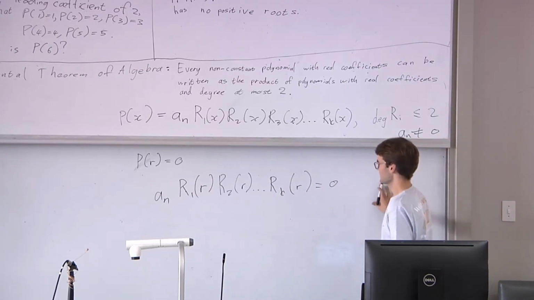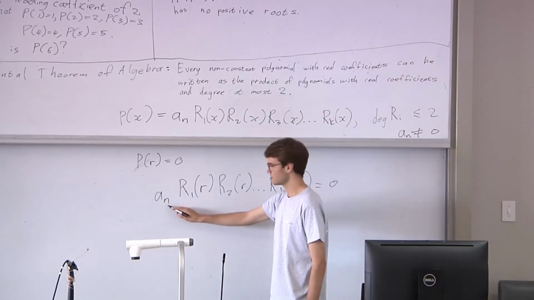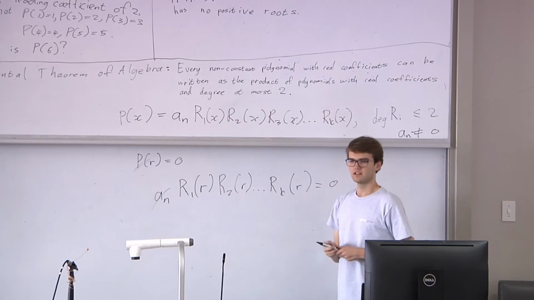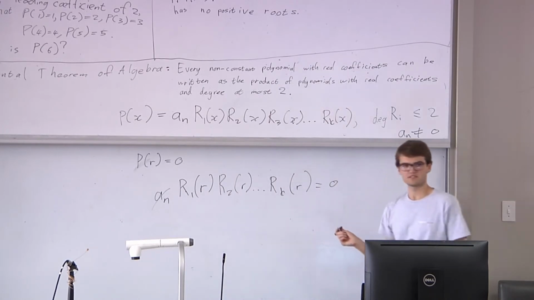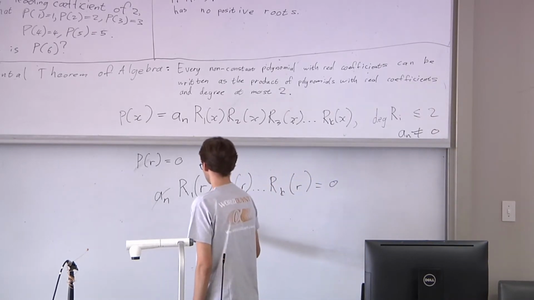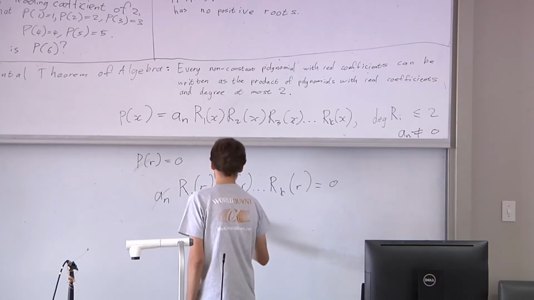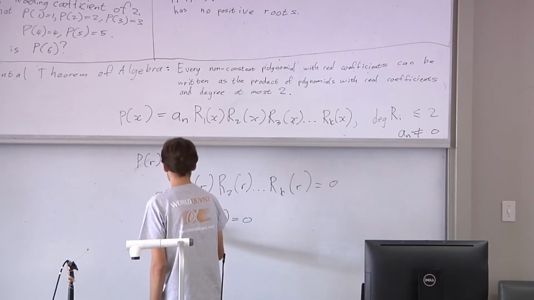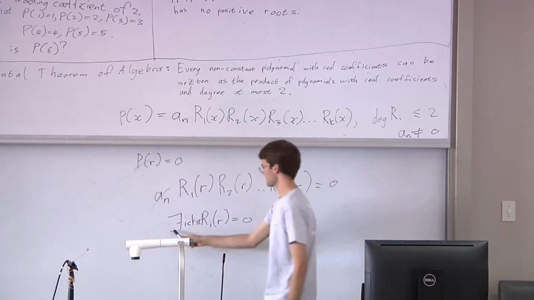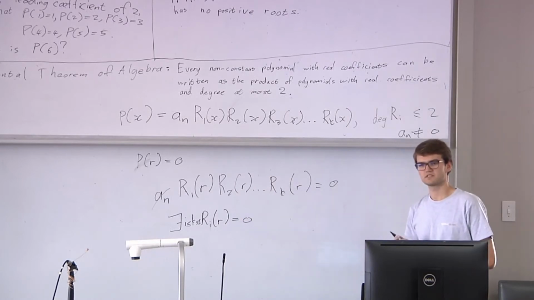So in this case, you have some product of things that gives you 0, and this term is not 0, which means the product of the rest has to be 0. If you have a product of things equal to 0, you know that one of them has to be 0, so there exists an i less than or equal to k such that r minus ri is 0.